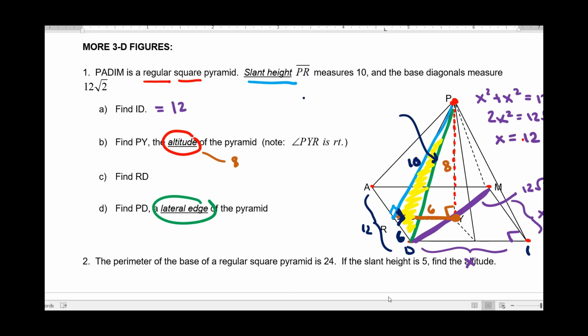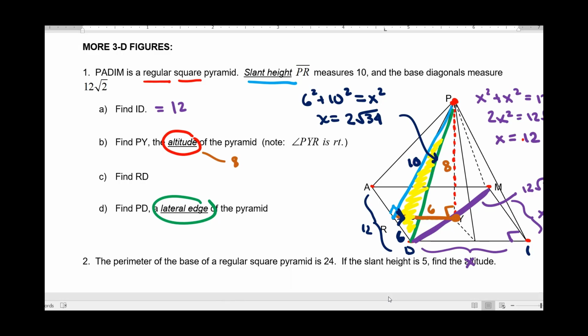So I'm going to have to do the Pythagorean theorem with this. 6 squared plus 10 squared equals x squared. And I'm going to solve for x here. I think x ends up being, through the magic of having this previously done, 2 root 34.